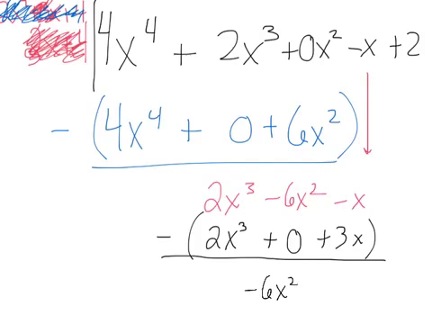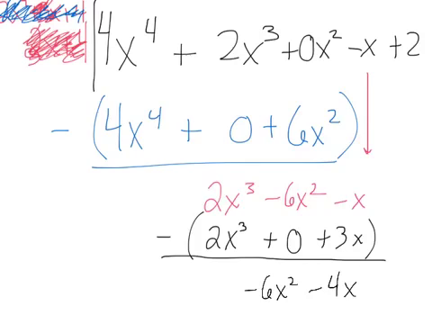Negative x minus 3x is? Negative 4x. We need to be able to subtract positive and negative numbers.